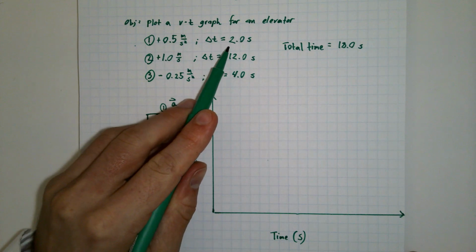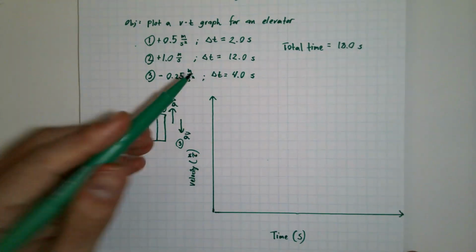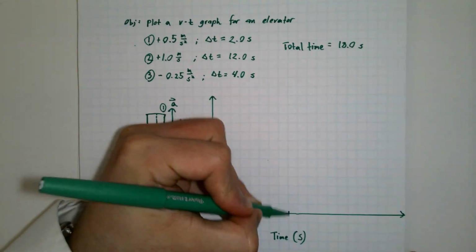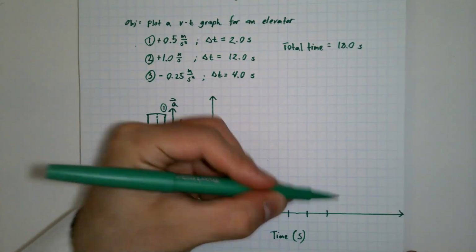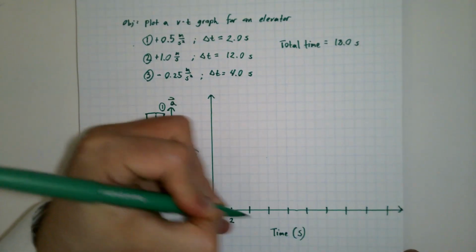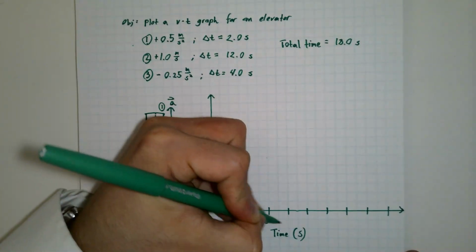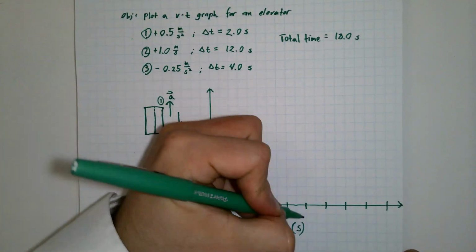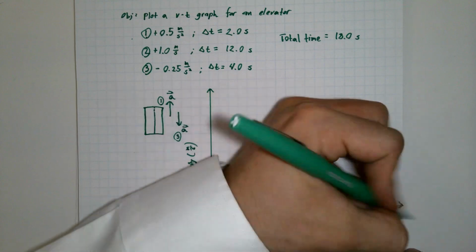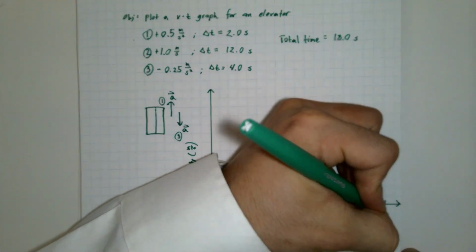Well, we start at 0 seconds, and then eventually we get up to 18 seconds. So I'm going to have each of these ticks. Each of my grid squares will represent 1 second. Each of these will represent 2. Oh, this should be 18.